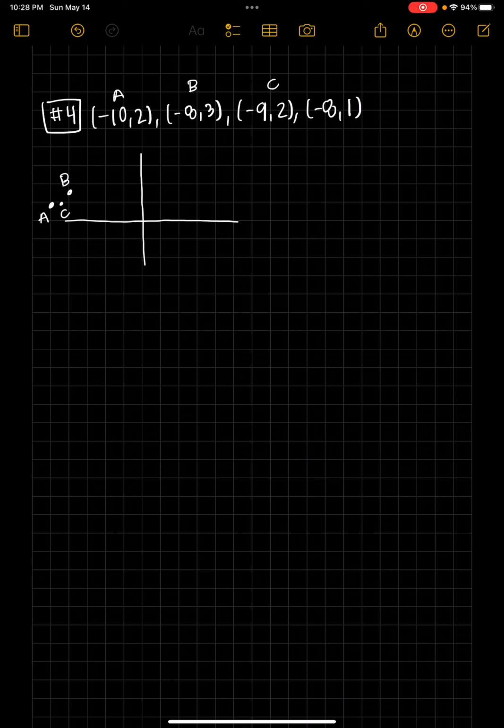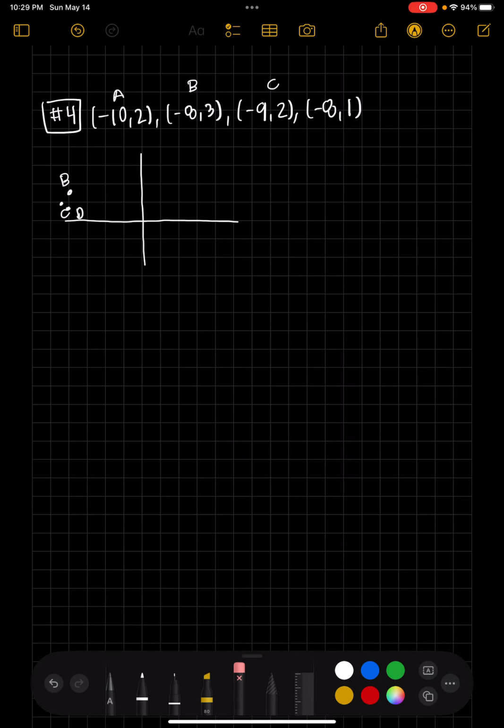Let's see. Negative 8, 1. Did I graph that weird? Negative 10, 2. Oh, you know what? I did. I'm going to switch this. So, all right, so this is going to be our D. Let me do some erasing really fast.